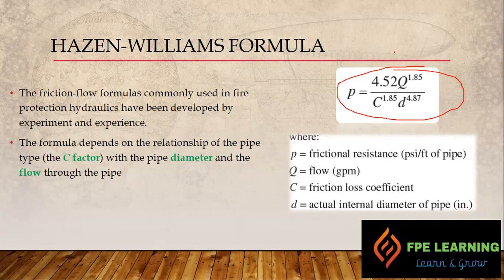This is why I said in the beginning, if water is flowing through a pipe, we have to be careful regarding the amount of flow and the diameter of the pipe, so that we can minimize the frictional loss. In this formula, we have the frictional resistance in psi per foot, Q in GPM, C is the frictional loss coefficient, and D is the actual diameter of the pipe.